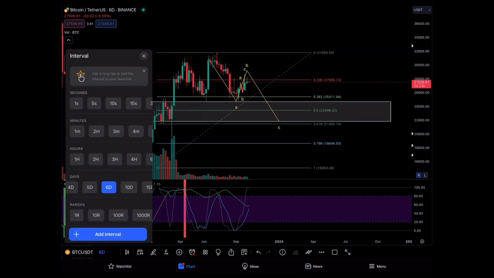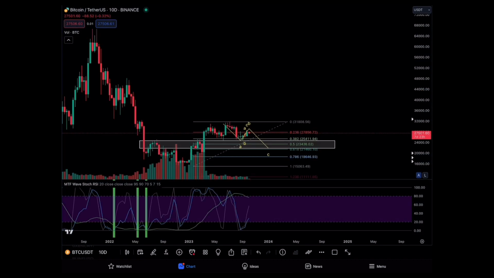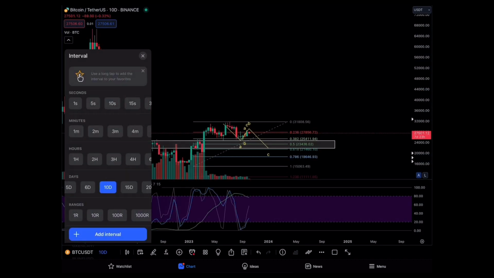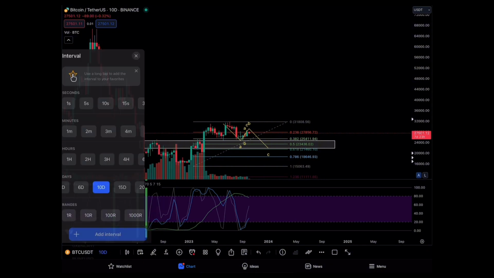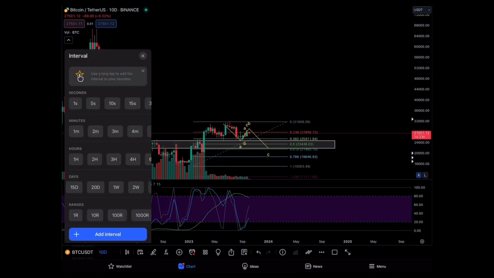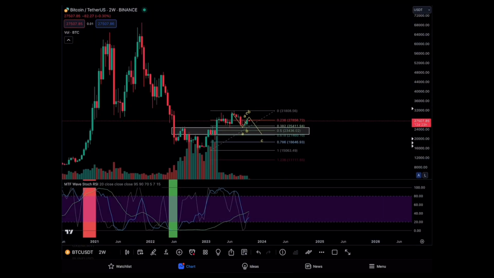The second possibility, you can see if we start zooming outwards bit by bit, which is, for example, the 10-day. It's not showing it, but I want to keep zooming out until I show you one specific thing. So for example, the 2 weeks is not saying much. Why?